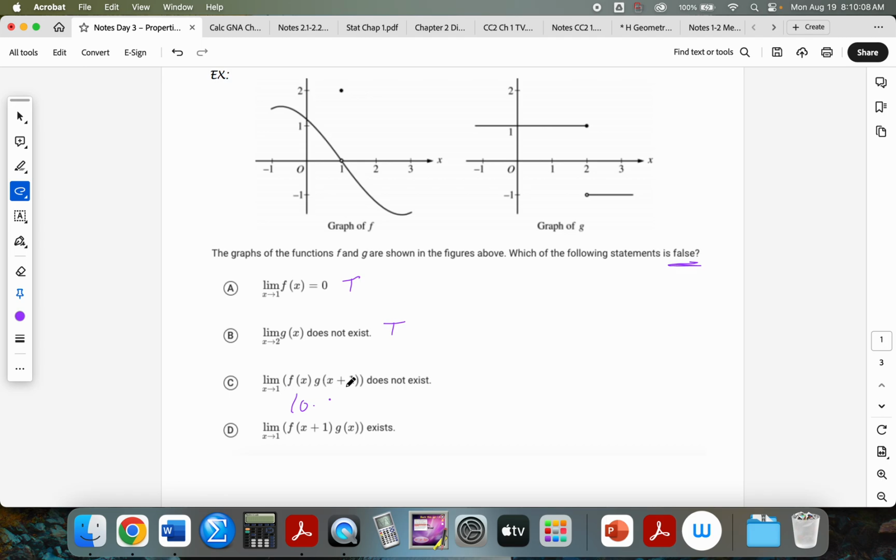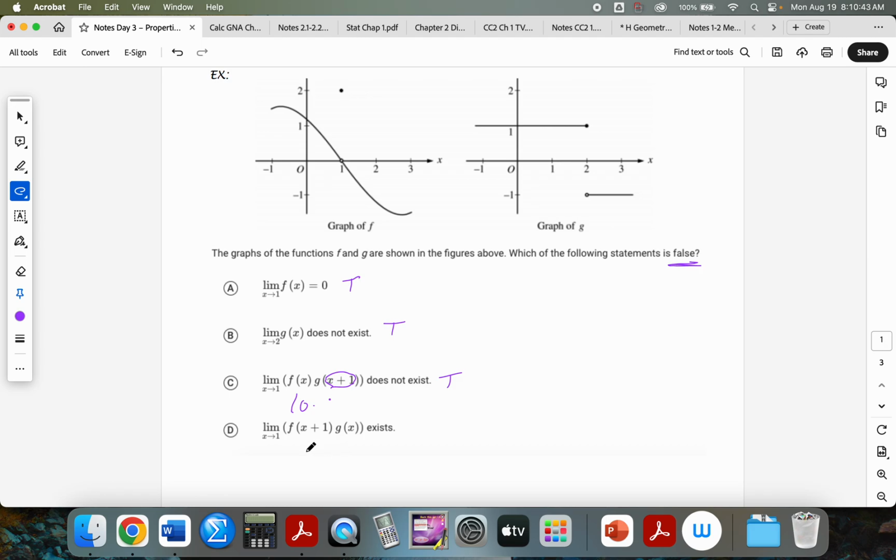So as x approaches 1, our internal part here is moving towards 2. And does the limit at 2 of g of x exist? No. So this is true also. This limit does not exist because one of those two limits doesn't exist, throws the whole thing into does not exist territory. Well, we're really hoping that this one is false now.